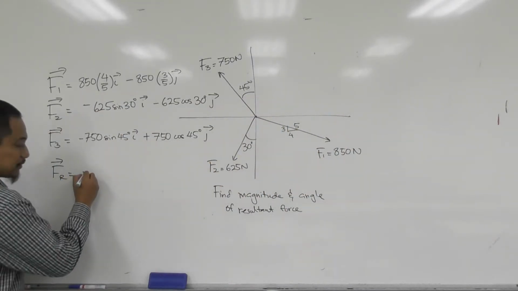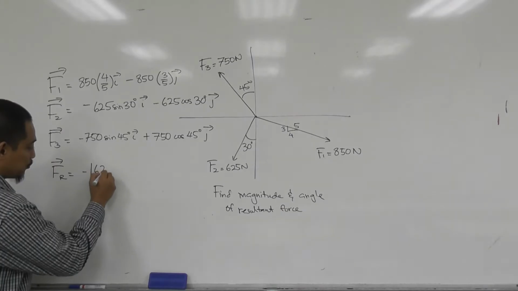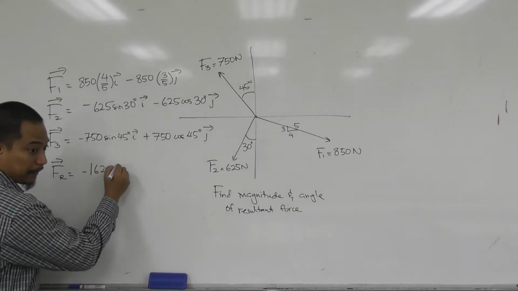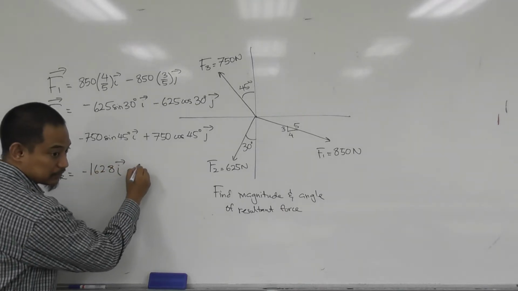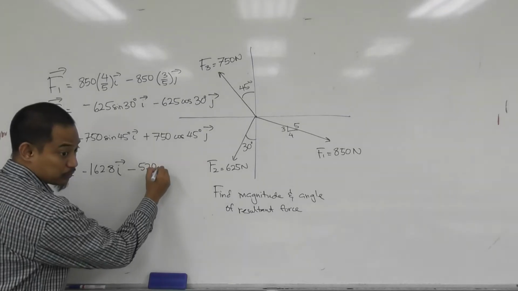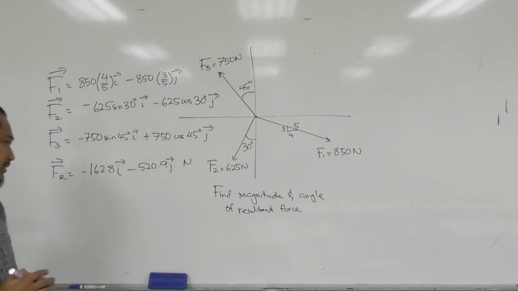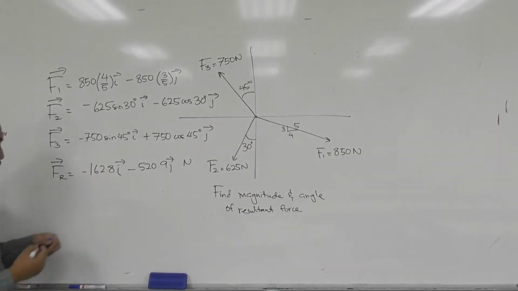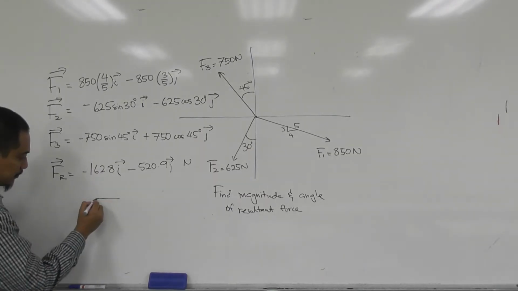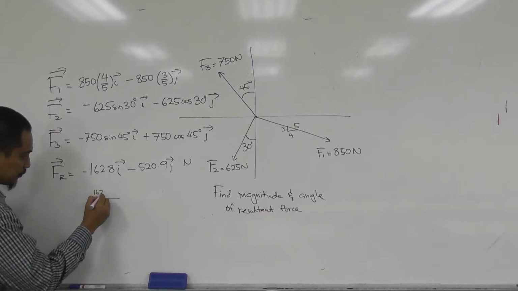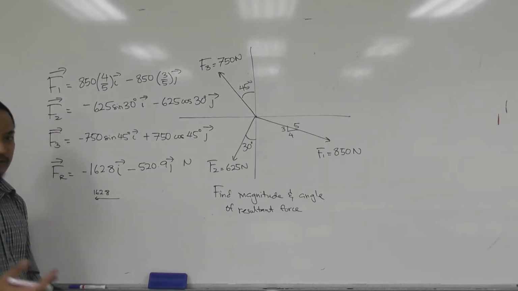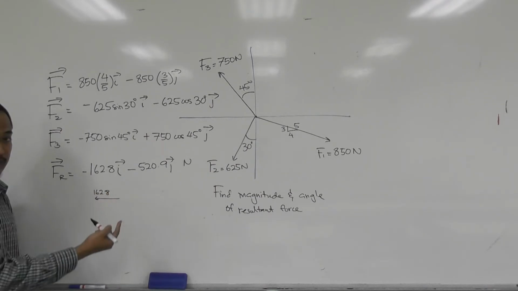So you'll get minus 162.8 i minus 520.9 j Newton. What does this mean? This means the x component is negative 162.8. The negative is the direction, the value is 162.8.